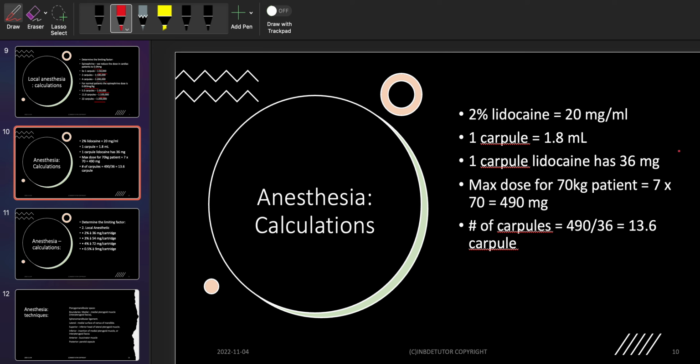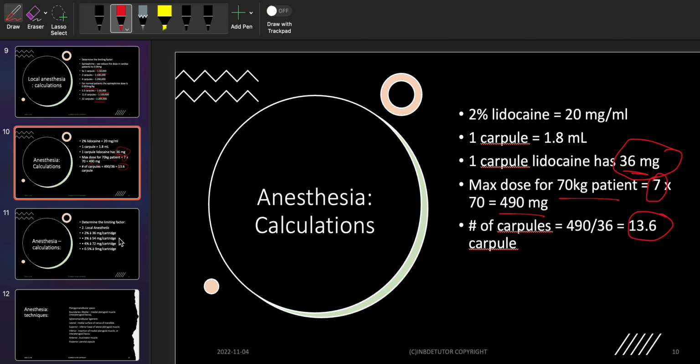So the calculation will come as 36 milligram. If you know the table, the maximum dose for a 70 kg patient for lidocaine is 7 milligram per kg. So 7 into 70 will give you 490. And the number of carpules will be 490 divided by 36, which gives you 13.6 carpules.